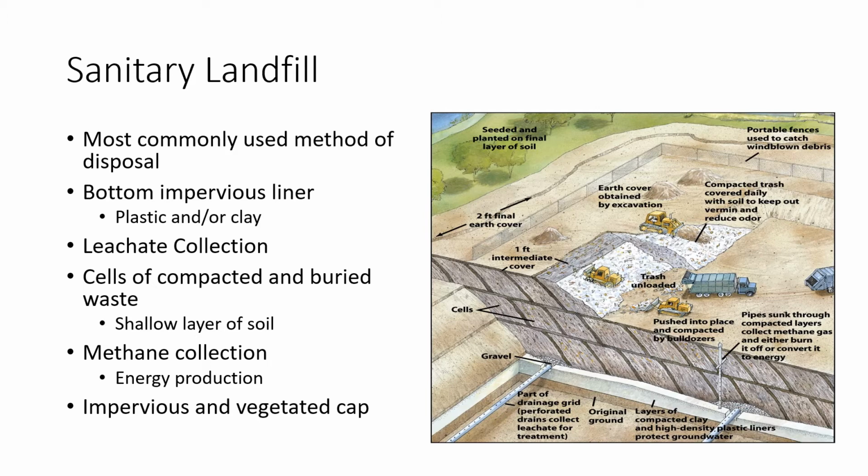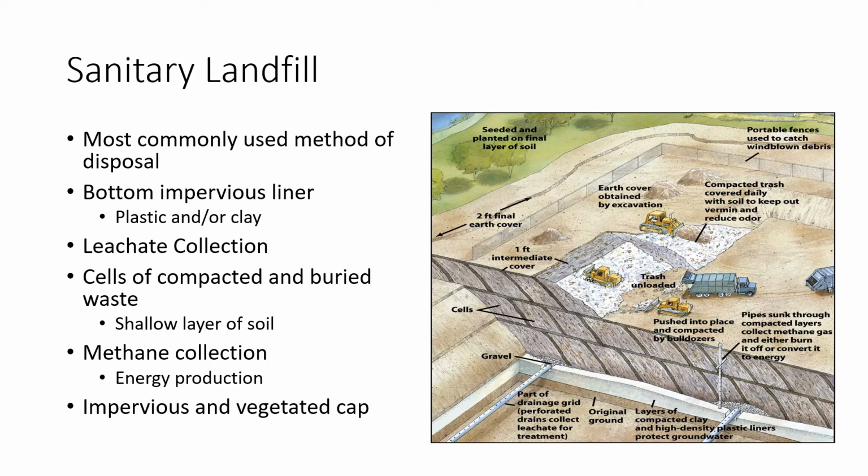But really importantly, as trash is decomposing, it's not exposed to oxygen, and so as it decomposes, it is creating methane. And so we actually put a pipe system into place so that we can collect the methane gas, and we can either burn it off directly, or we can burn it to create energy.